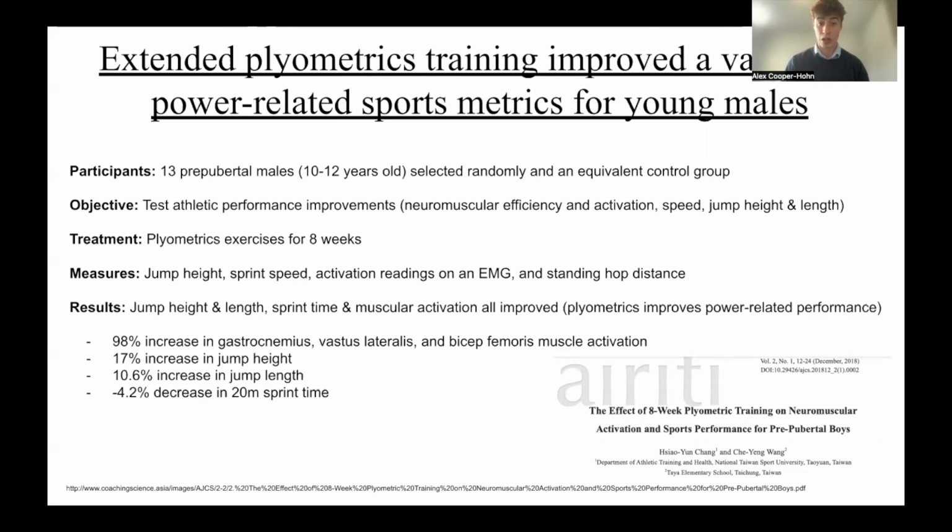And the results were absolutely amazing. A 98% increase in gastrocnemius, vastus lateralis, and biceps femoris muscle activation, so the ability to move through the movement quicker when you want to activate it, increased jump height, increased jump length, and decreased time to move through a 20-meter sprint, which are all really easy to understand how those could affect our sport. And it was just 8 weeks of plyometric training.